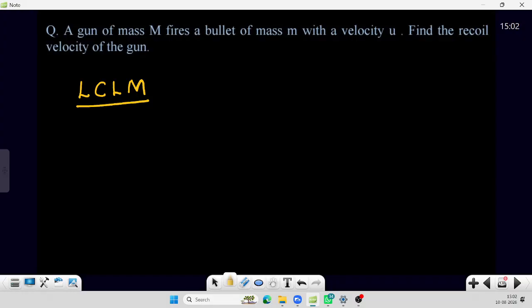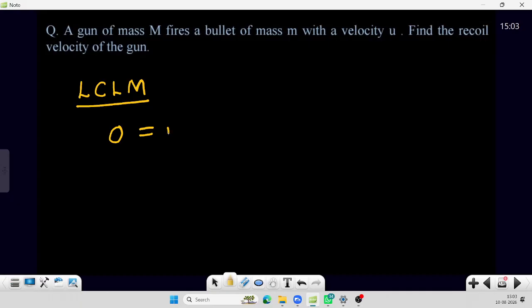Initially gun and bullet are both at rest. The initial velocity of the gun is 0, and the bullet velocity is also 0. That means total initial momentum is how much? 0. And that is equal to what? Tell me now, after firing, what happens?